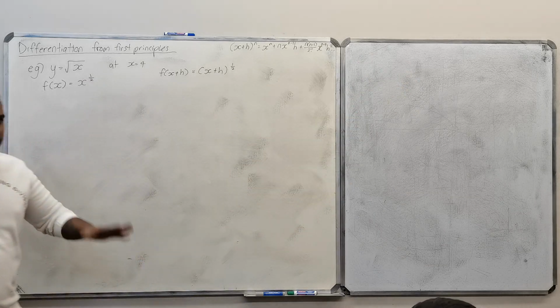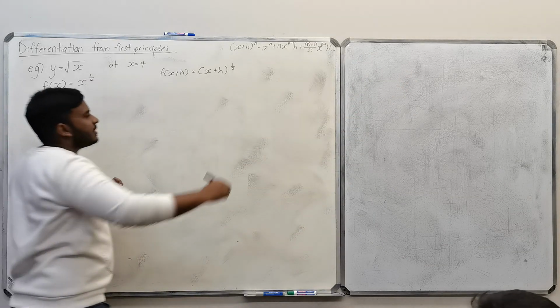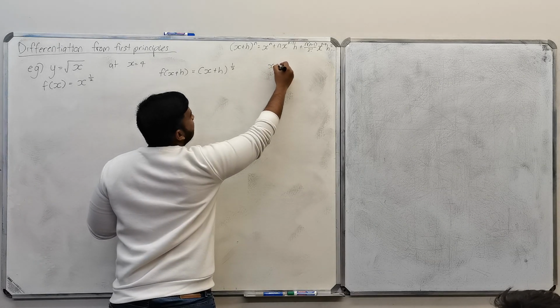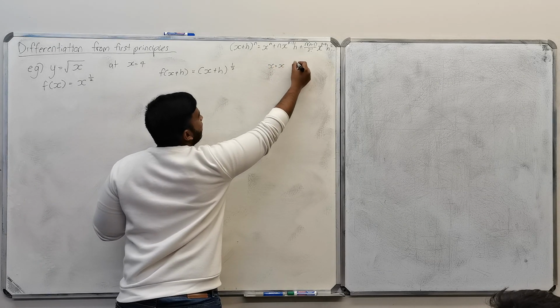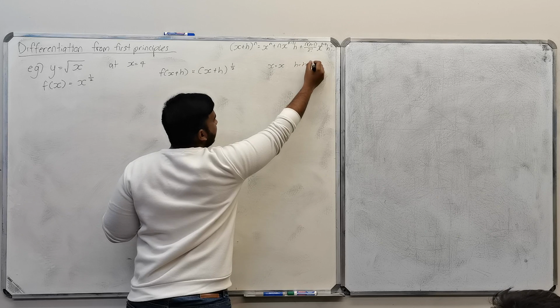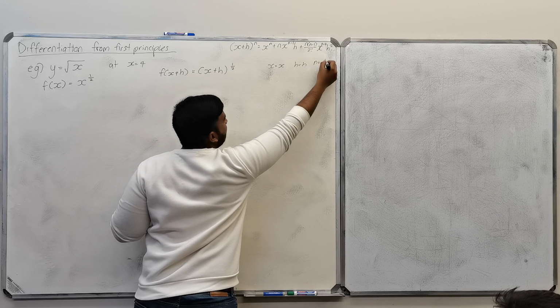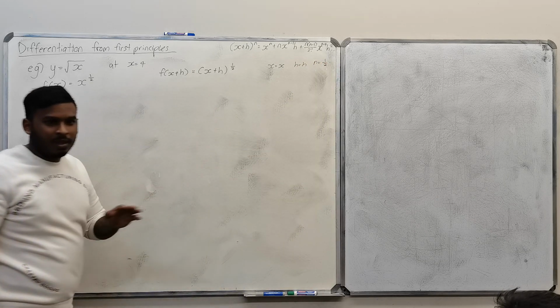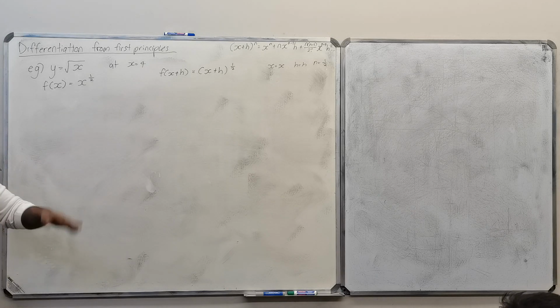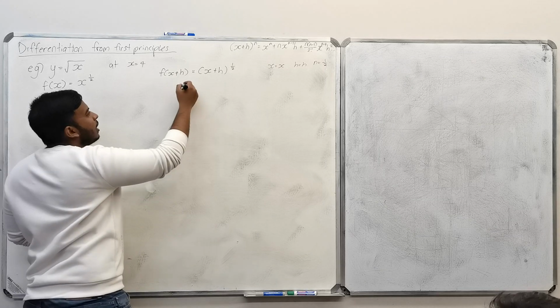In this instance, your x is x, your h is h, and n is half. For first principles, we only evaluate the first 3 terms. You'll see why in the calculations.